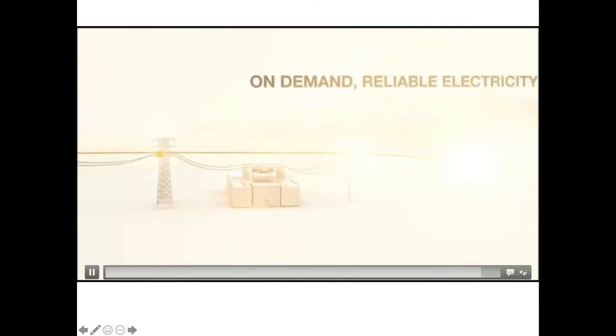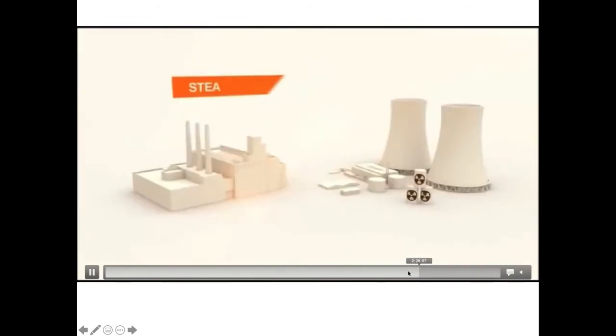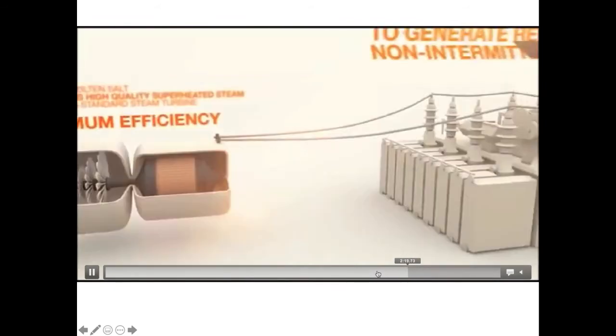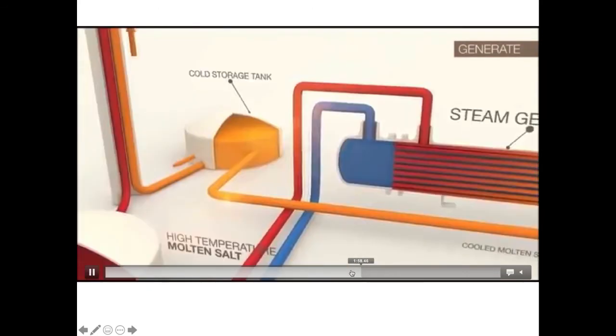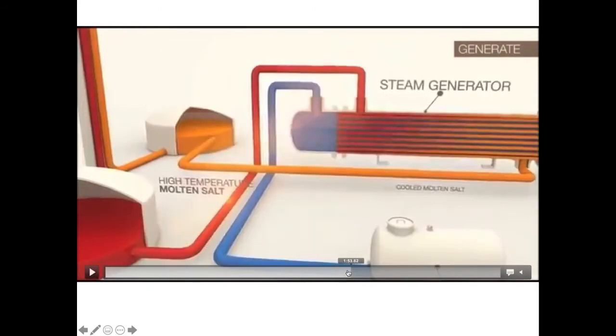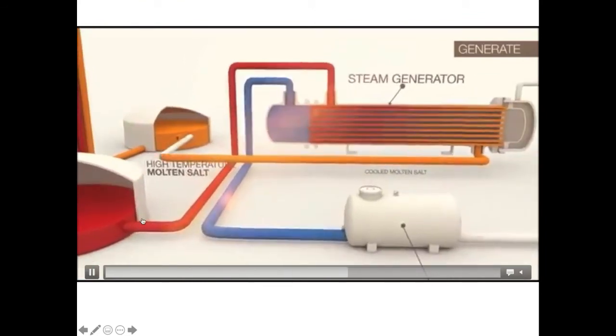So I just want to highlight a couple of things because they don't use the term baseload power, but the concept behind these salt concentrated solar power plants is that the salt is storing energy from the sun, and then we can use that energy stored in the salt.